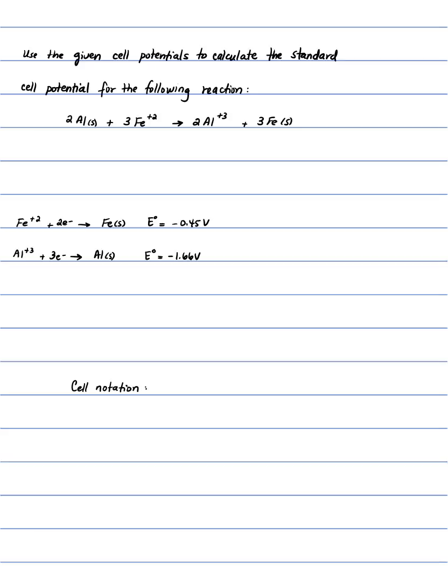You have your 2 moles of aluminum solid plus 3 moles of iron plus 2, giving you 2 moles of aluminum ions with a charge of plus 3, plus 3 moles of iron solid. So the solid here, aluminum, has an oxidation number equal to 0, and that's going to aluminum plus 3. So that's being oxidized.